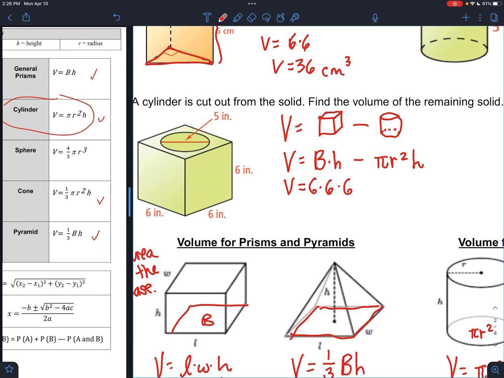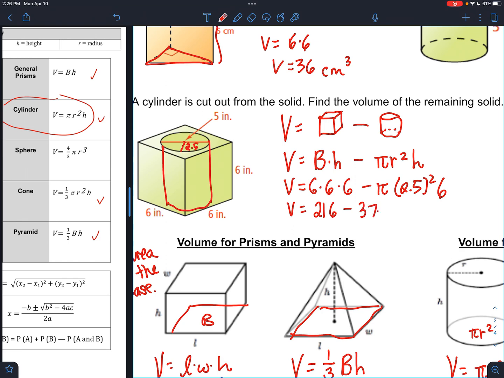And then the radius here, we have to be careful, is actually going to be half of the 5. And the height, h, is the height of that cylinder, which is also 6. Okay? So when I did this, see if you can get the same thing.